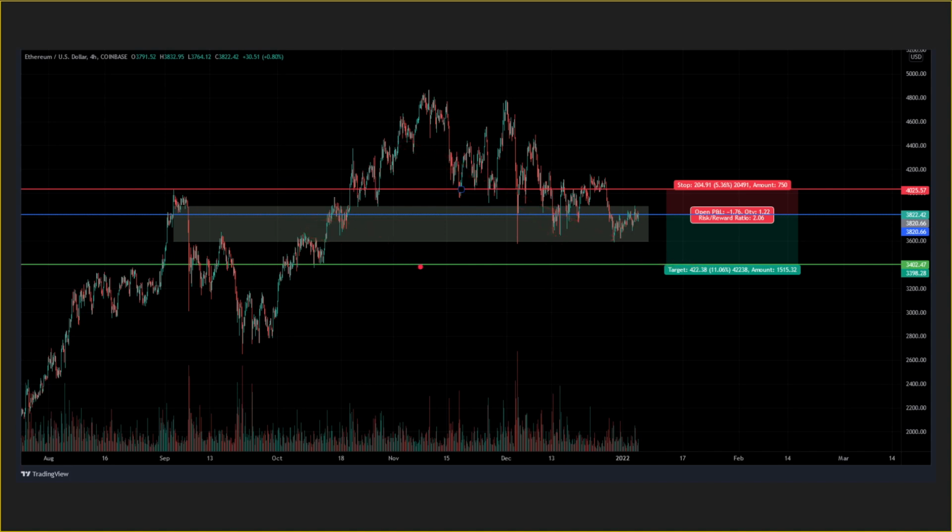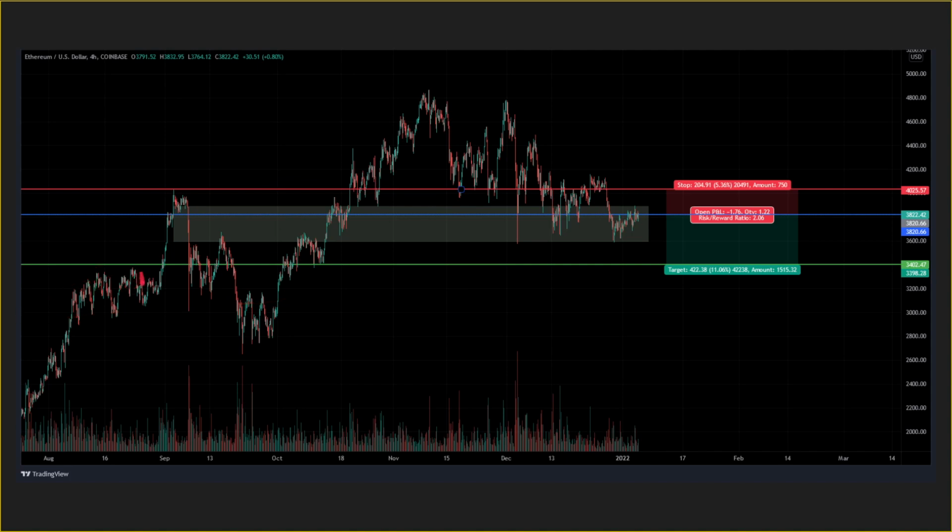Where would be the next level that we could particularly short from? If we're going to short from here, where could price go to? Well, maybe around here, because we do see significantly this level acted as this level of about 3,400. Once again, that $3,300, $3,400 level on Ethereum.